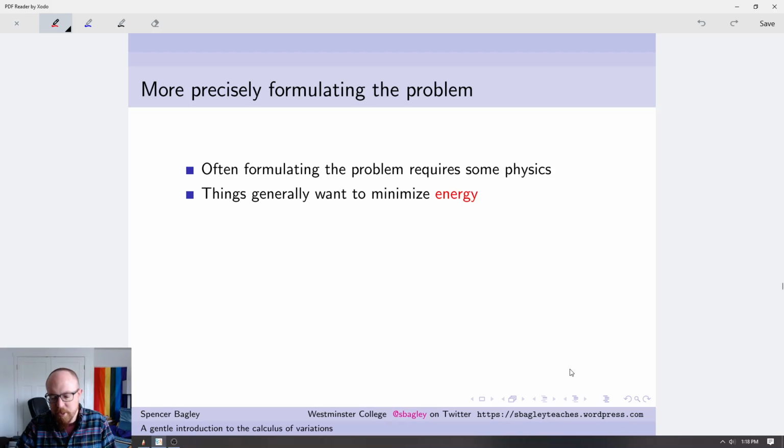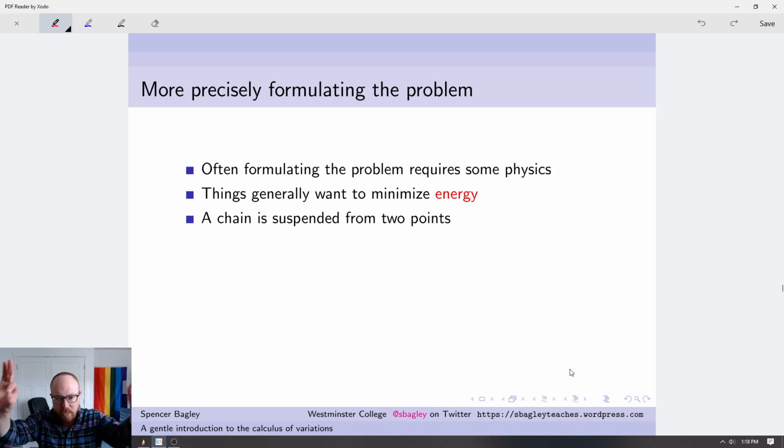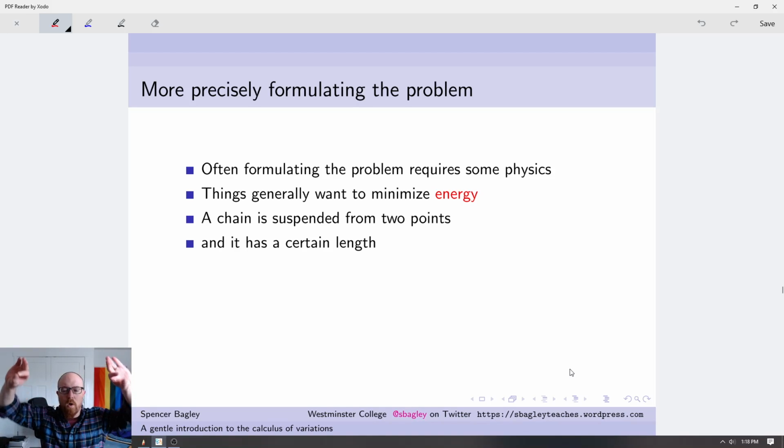And the particular kind of energy that we're interested in here is gravitational potential energy. If the chain is suspended from 2 points, it wants to hang in a way that minimizes the gravitational potential energy. There's also the length of the chain that we have to think about, right? If I have a longer chain, it's going to go like woo, as opposed to a shorter chain that's going to go like whoop.